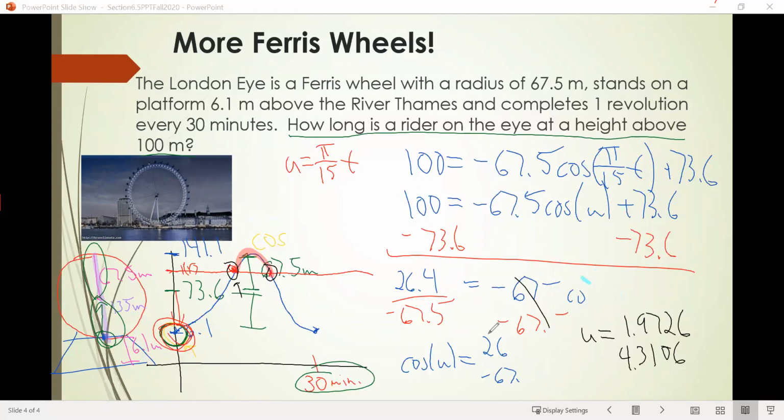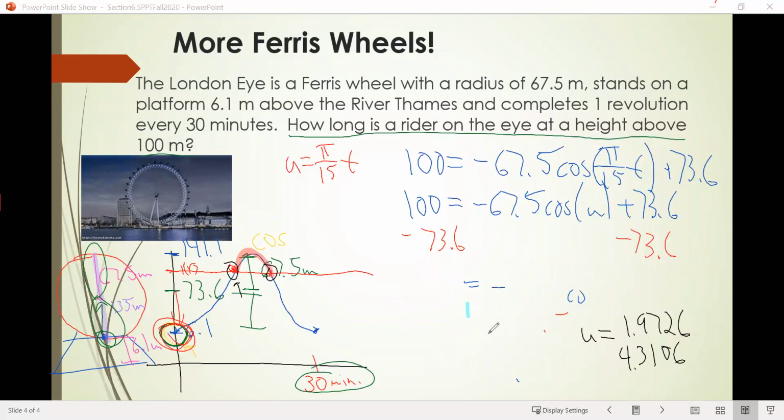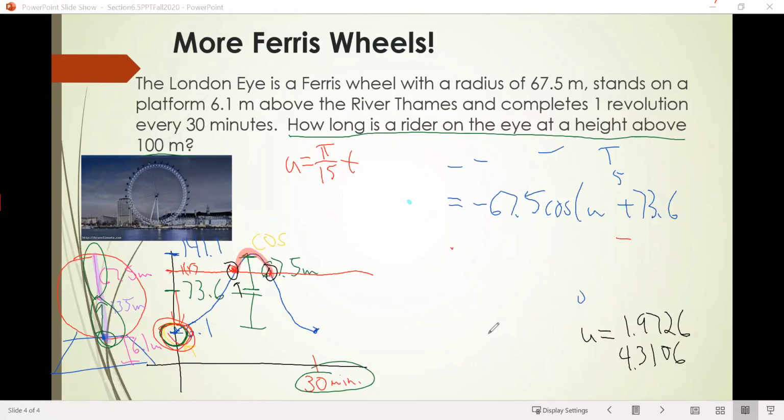So we now need to use those to find our values for t. And so we'll use our u substitution, the fact that we have u equals pi over 15 times t.